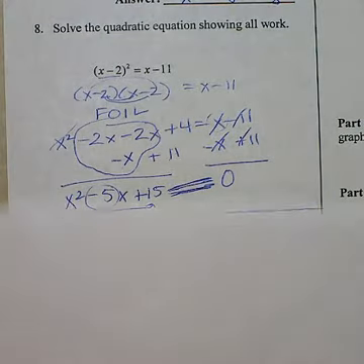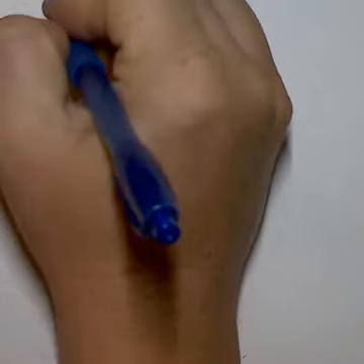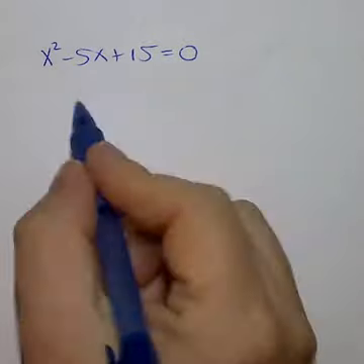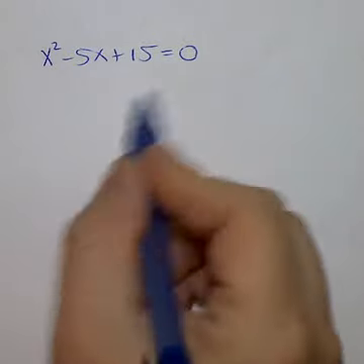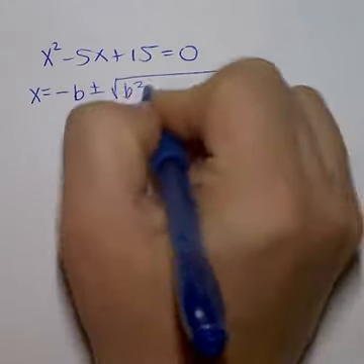I'm going to write down x squared minus 5x plus 15 equals 0. And again, you can't use the factoring method. You could definitely use completing the square. I'm just showing another method, so I'm going to do the quadratic formula. You do have to have this formula memorized if you choose to use it.